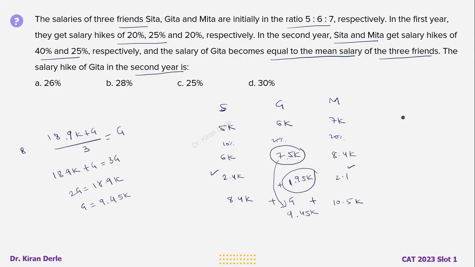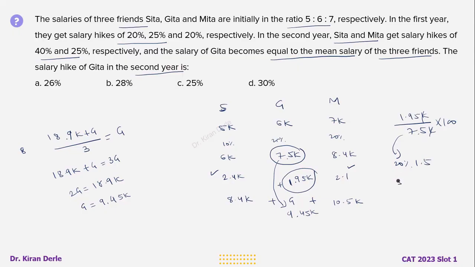Okay, so 1.95k is what percent of this value? This is what we want. So what is 20% of this? 20% of this denominator will be 1.5. Yes, 1.5. But if you want 1.95, the answer should be more than 20%.